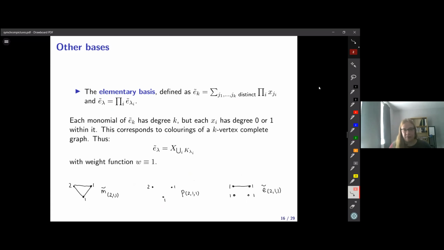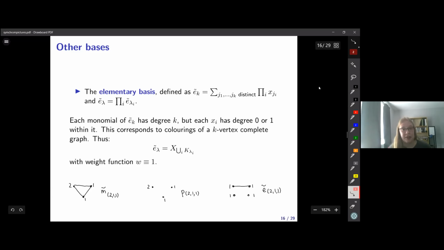And before we stop saying things about symmetric function bases, let's look at the elementary basis. And then we will say things about them instead of defining bases. For the elementary basis, and again, I put a tilde because I disagree with the standard definition by a multiplicative factor.